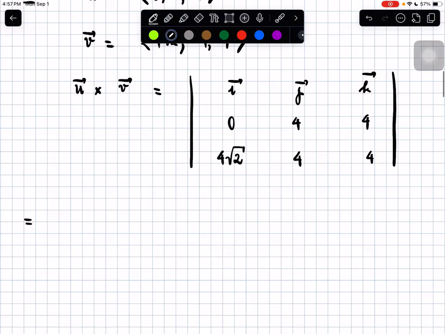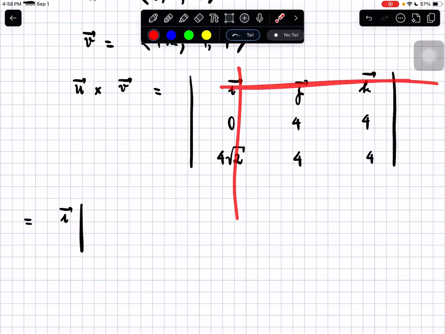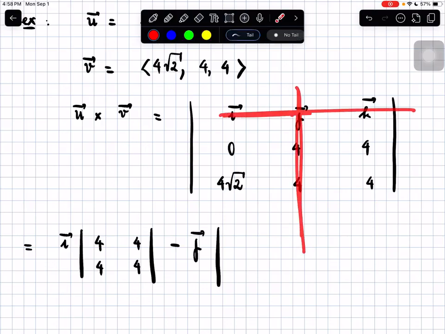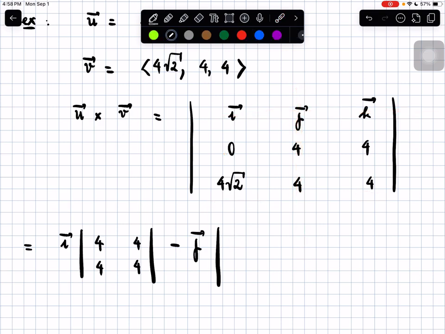This gives us vector i times the determinant after deleting the row and column corresponding to i, so we have 4, 4, 4, 4. Minus j: again, delete the row and column, and we have 0, 4, 4 root 2, 4.